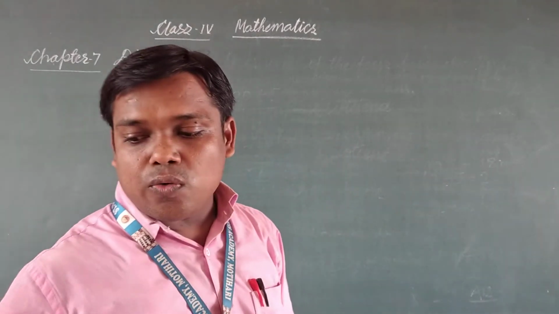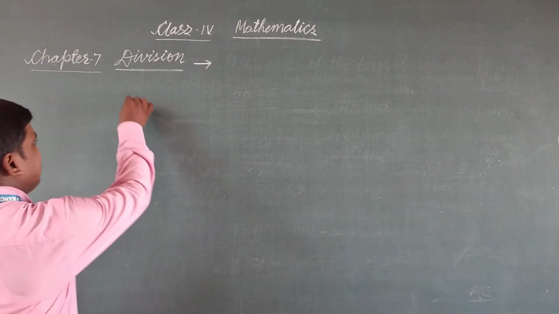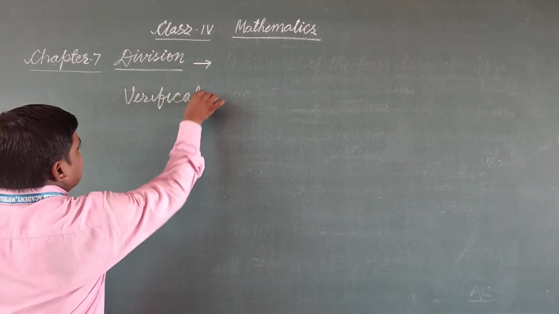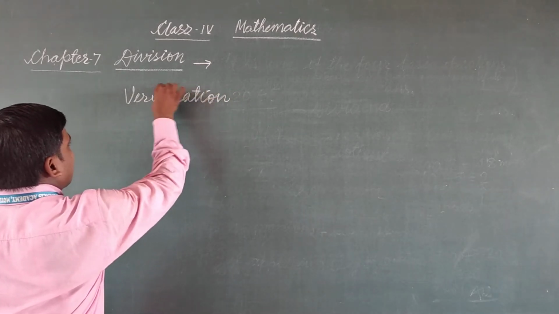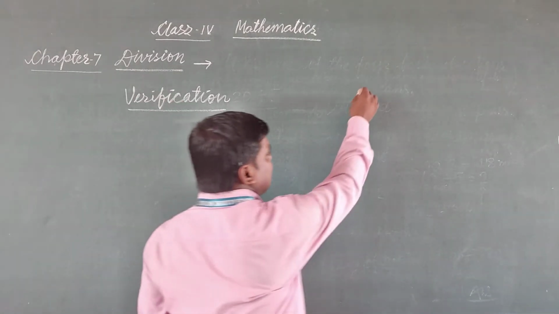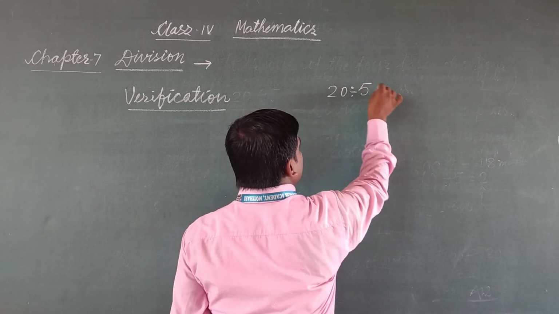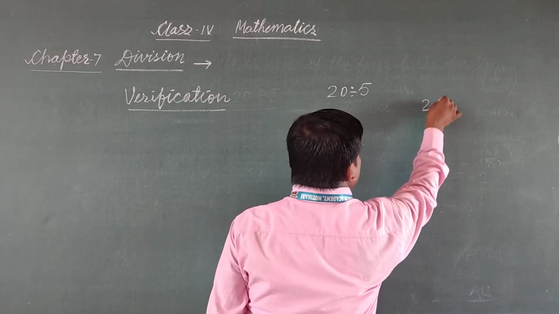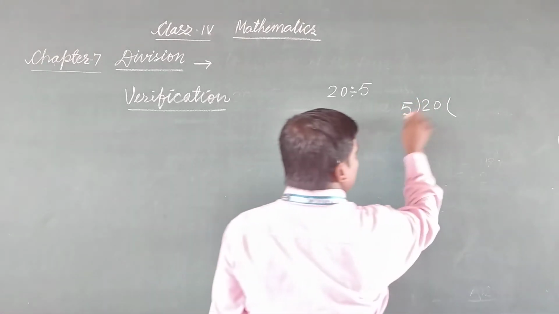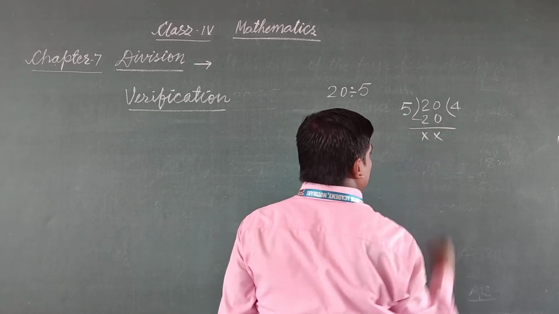We also know the verification of division. Verification of division. As just now I have taken an example, 20 divided by 5, and I had written 20, then divided by 5, so 5 fours are 20, it is crossed.